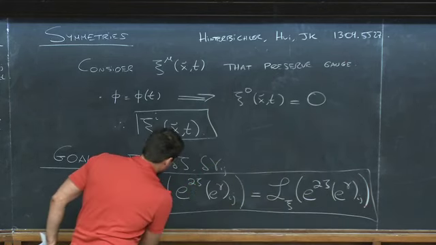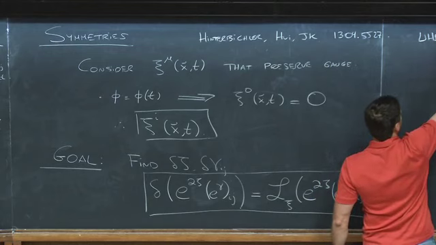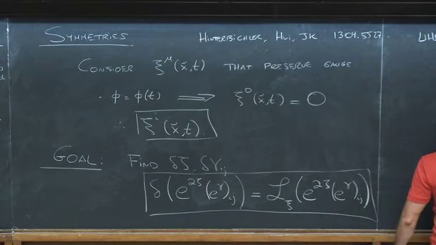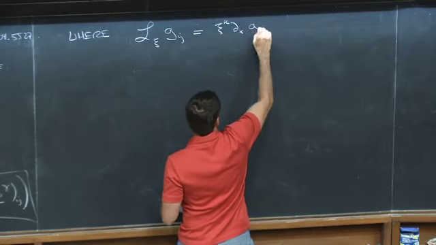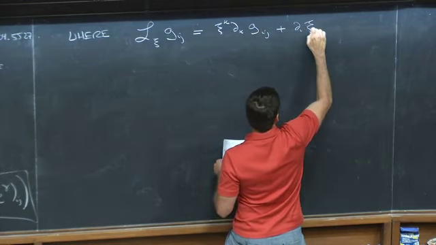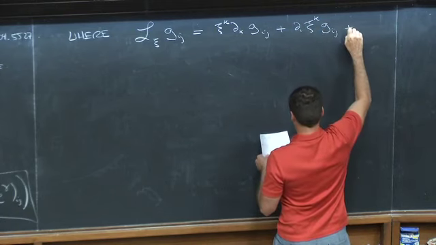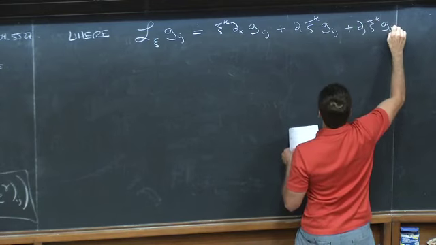And I'll write down what the Lie derivative is in case you've forgotten. The Lie derivative of an arbitrary tensor G_ij is given by xi^k d_k G_ij plus d_i xi^k G_kj plus d_j xi^k G_ik.